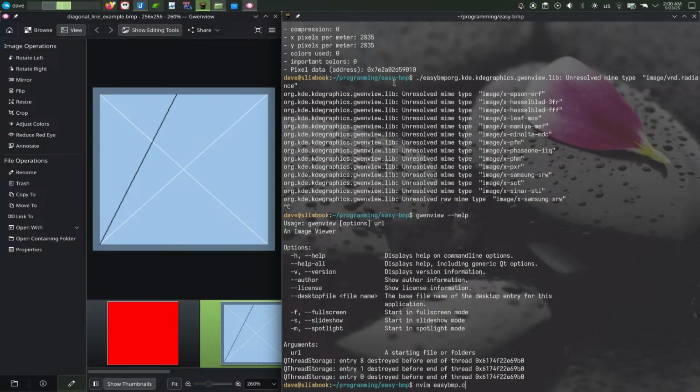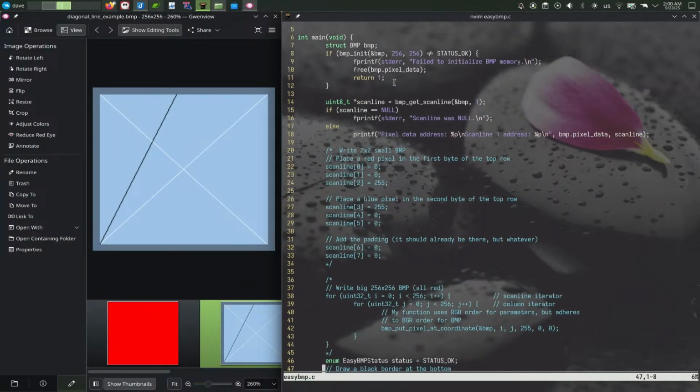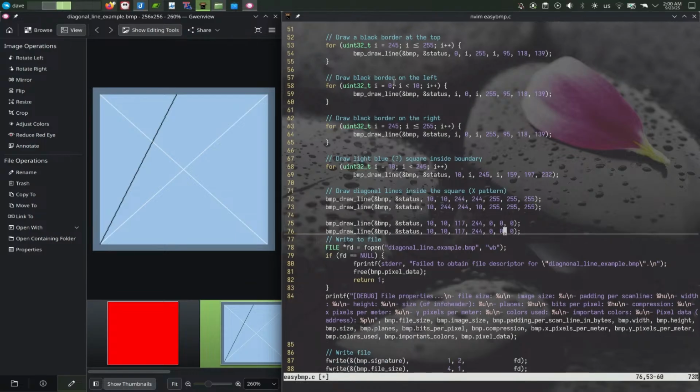Okay, so let's just draw the opposite of that line. So that would be from the other end. Right, so now we would be at 244. Oops.